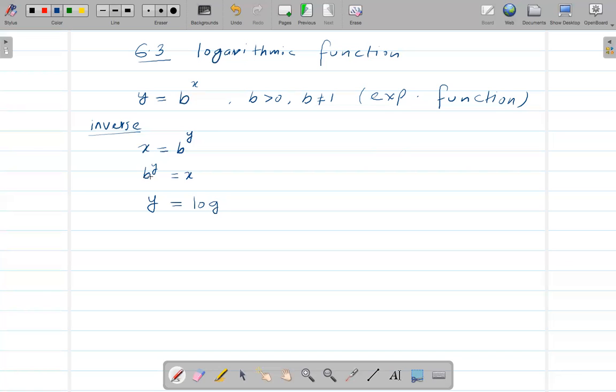The base b of the exponential function is also going to be the base of log. So y equals log base b of x. Now we say this is a log function or logarithmic function.